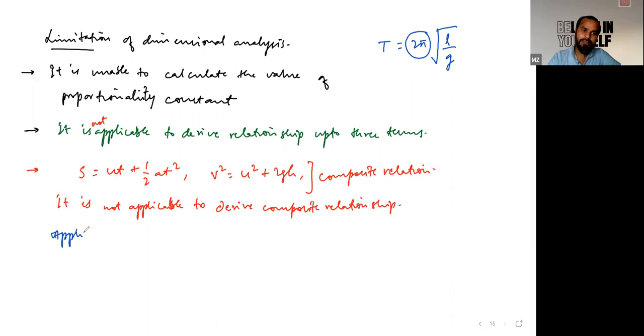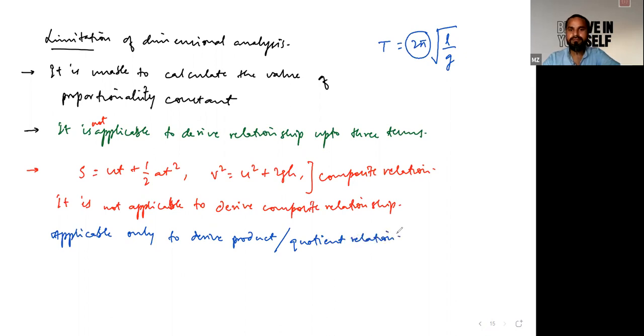It is applicable only to derive product or quotient relationships. Is it clear to everyone? Or any doubt in any of the topics?